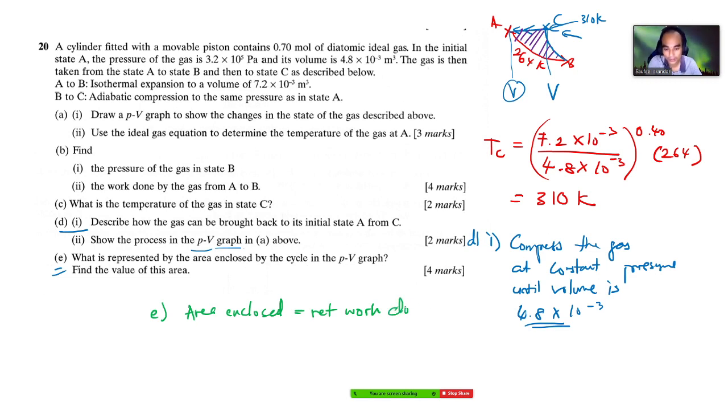Net work done on the gas in a complete cycle. So the whole cycle A, B, C, and goes back to A. This will be the net work of the gas.